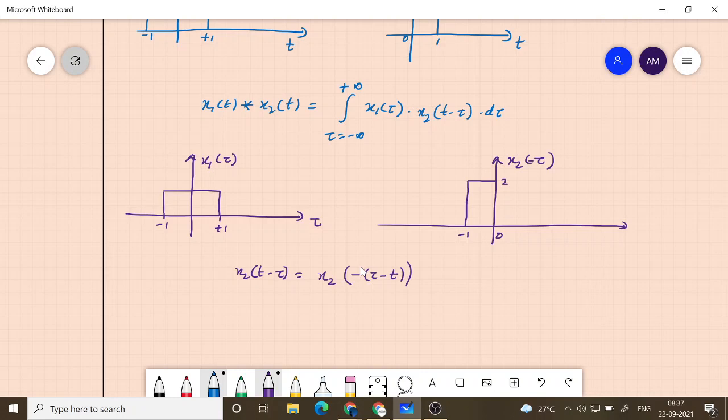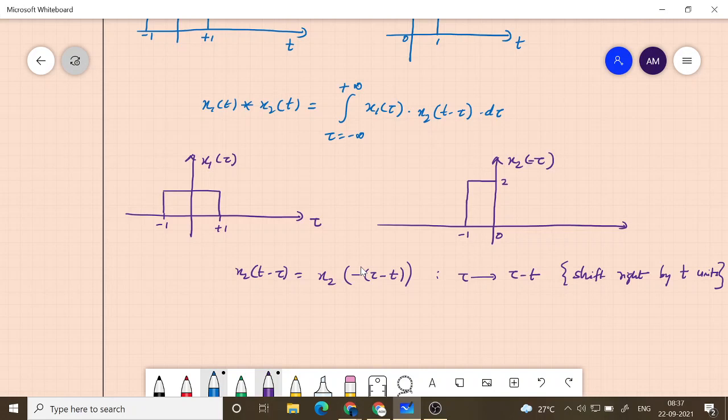If you replace it, that will give you t minus tau. So the required transformation is, in x2 of minus tau, you put tau as tau minus t, or you can say shift right by t units. That's what we need to do.